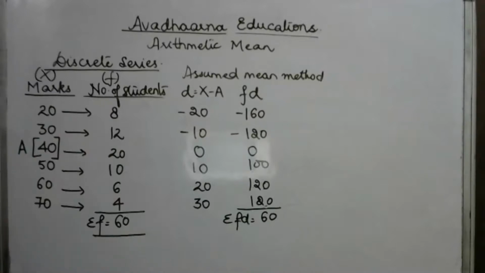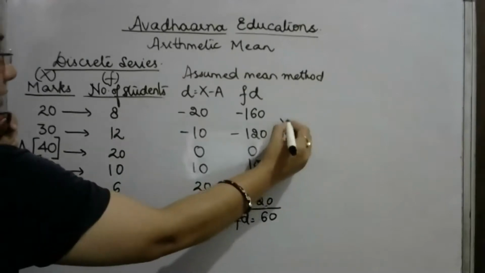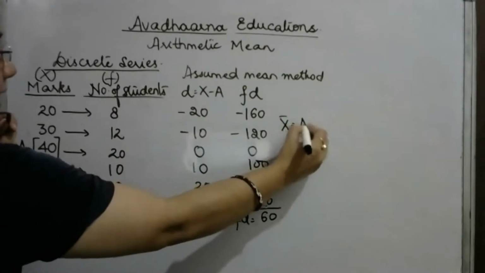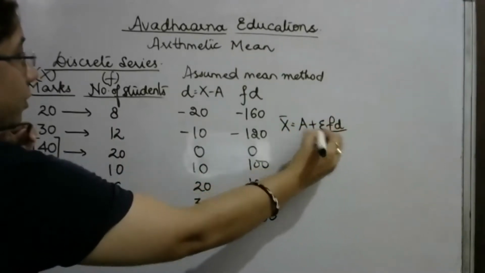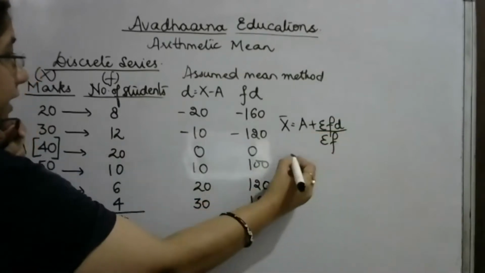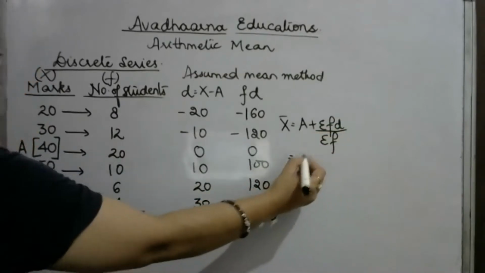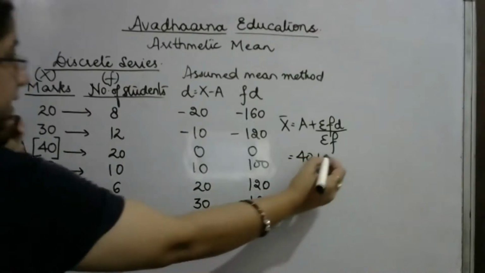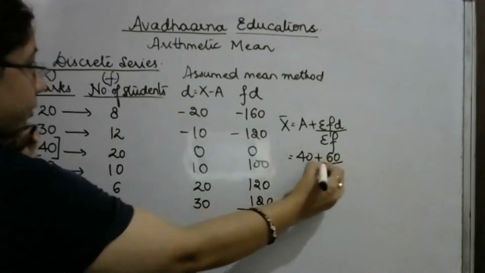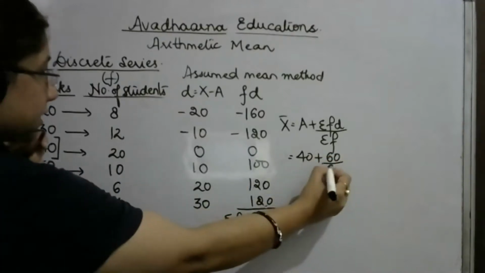So let us apply the formula for calculating the arithmetic mean. Arithmetic mean is given by A plus summation FD upon summation F. Assumed mean was 40 plus summation FD is 60 upon summation F is also 60.